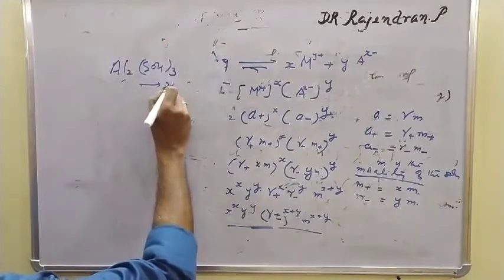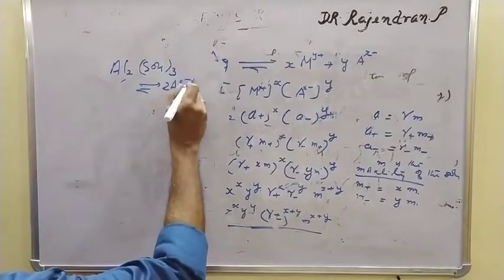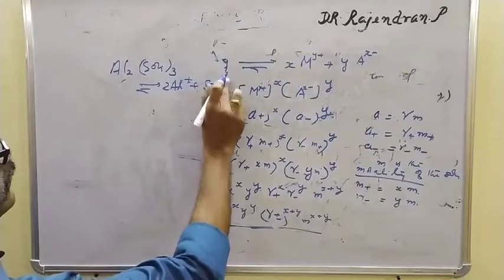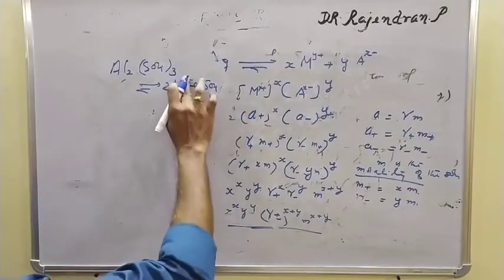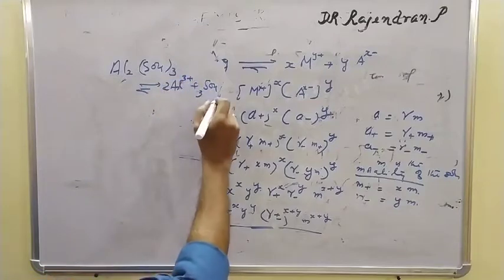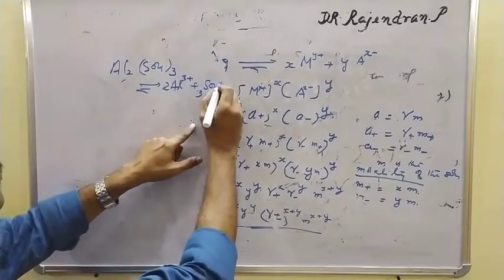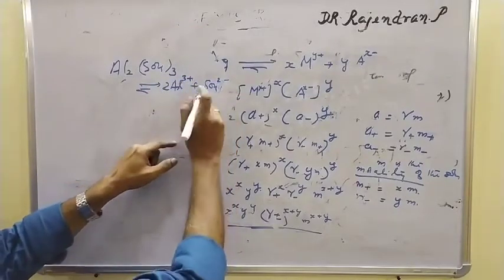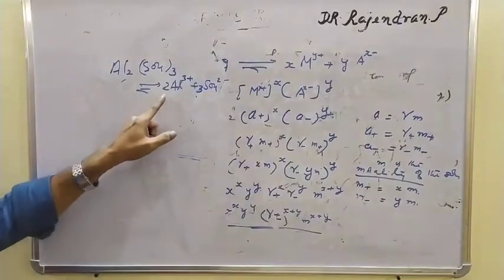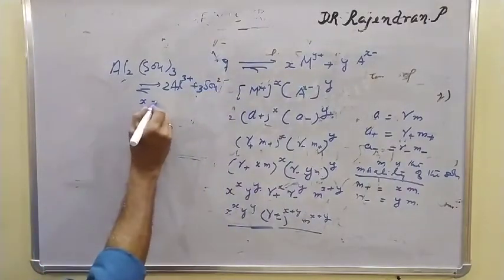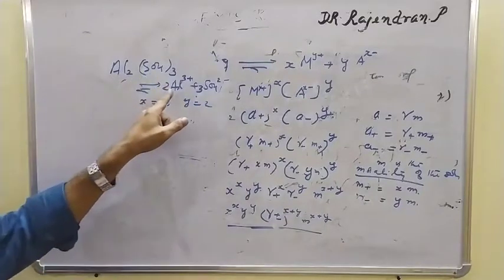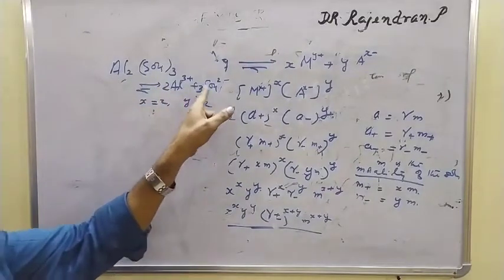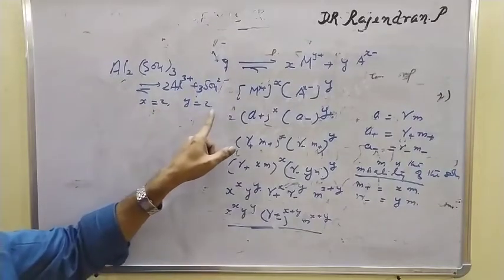This will dissociate into 2Al3+ and 3SO4 2−. This is the situation. So here, x is 2 and y is 3. Aluminum sulfate breaks into 2 Al3+ and 3 SO4 2−.